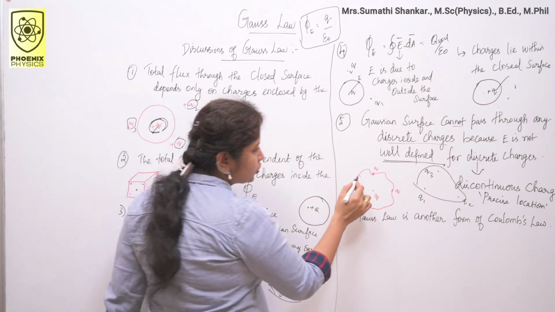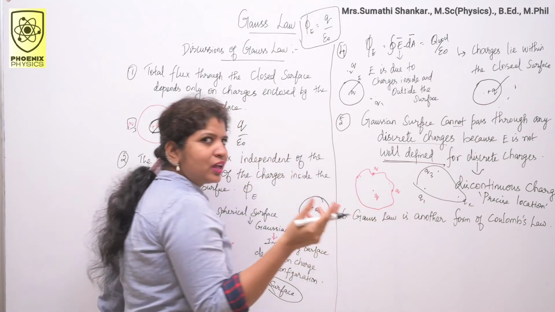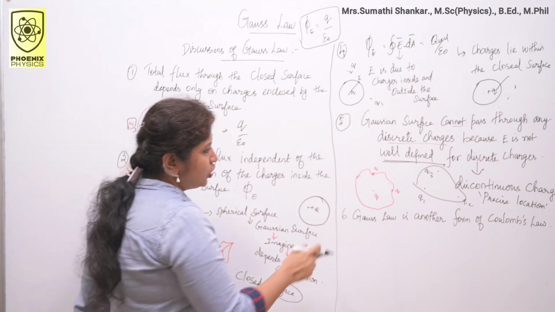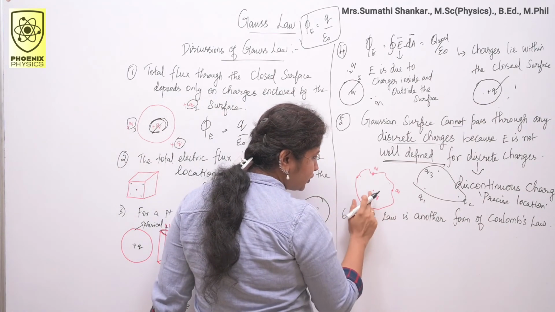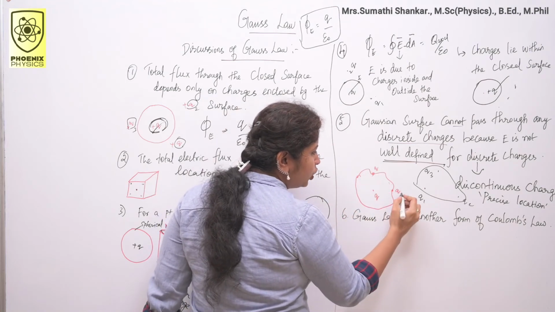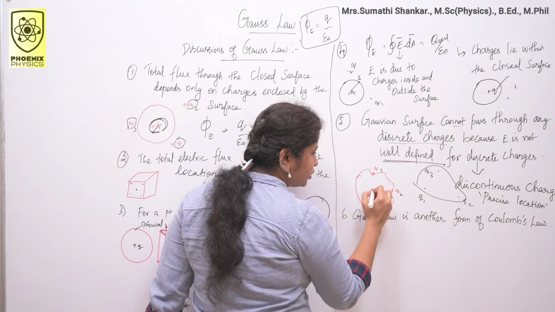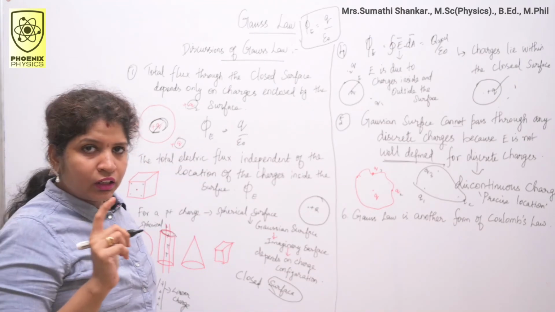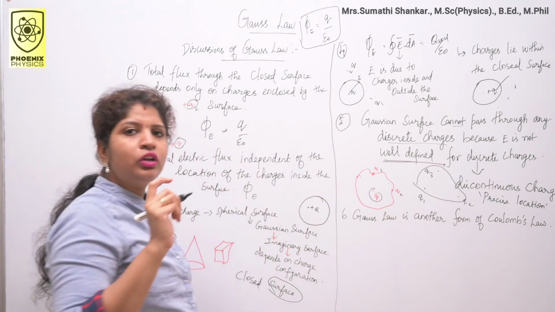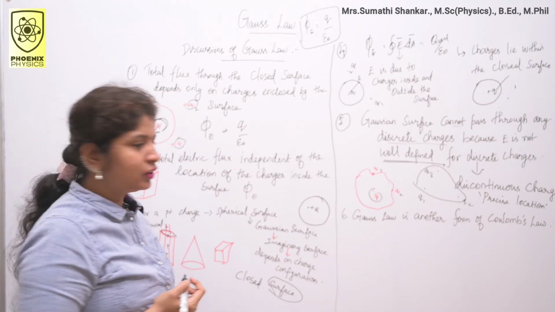See, this is my Gaussian surface. What is a Gaussian surface? Any closed surface is called a Gaussian surface. So, inside the Gaussian surface, I have Q charge. On the surface, I have Q2 charge and Q3 charge. Here, for this Q, how do you draw the electric field vector?